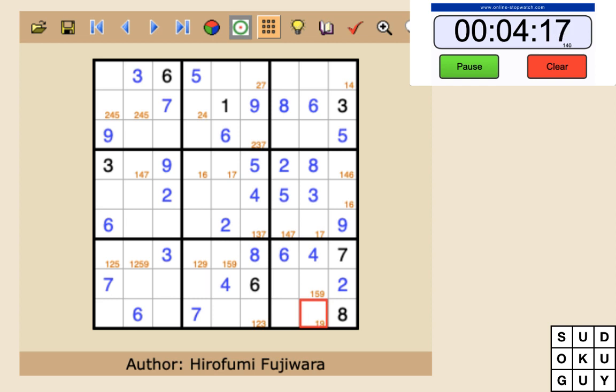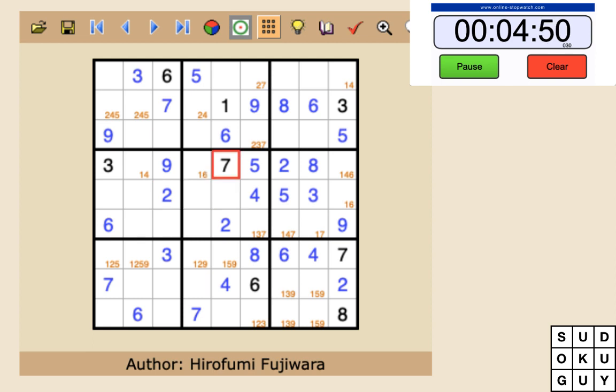One, 3, 5, 9 missing in this box down here, bottom right. Okay, this has to be a 7 now, because we filled in that 1. Or something.